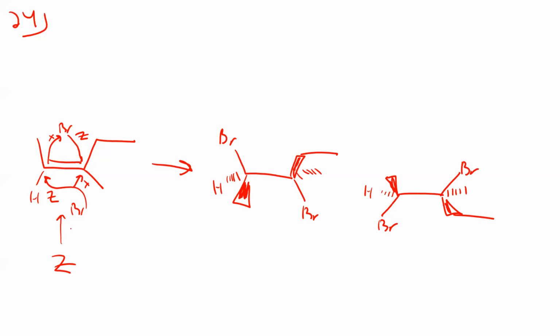It says characterize the product, select all that apply. So you're going to have an RR, you have an SS, you got racemic mixture. That's it.